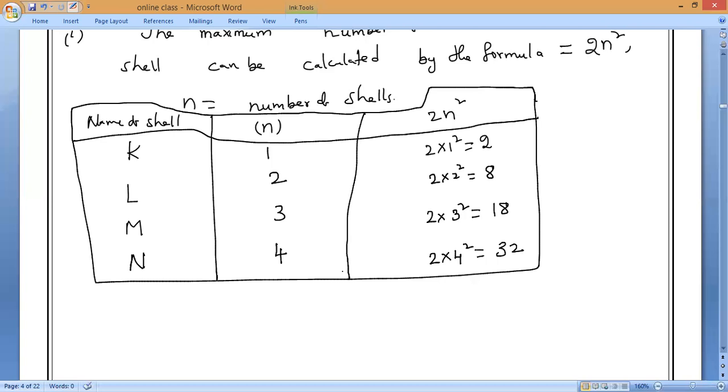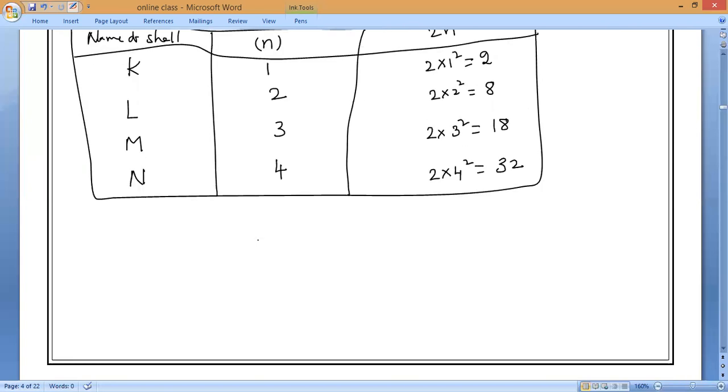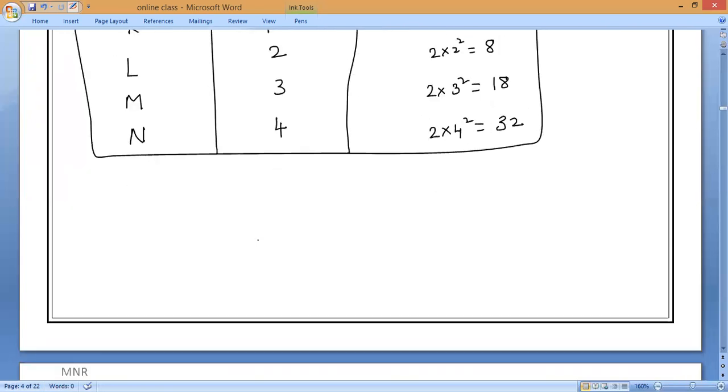Okay, next. And one more thing. All of you should remember, what do you mean by valence shell? Suppose I take the outermost shell or valence shell, whatever shell it may be, a K shell or L shell or M shell or N shell.